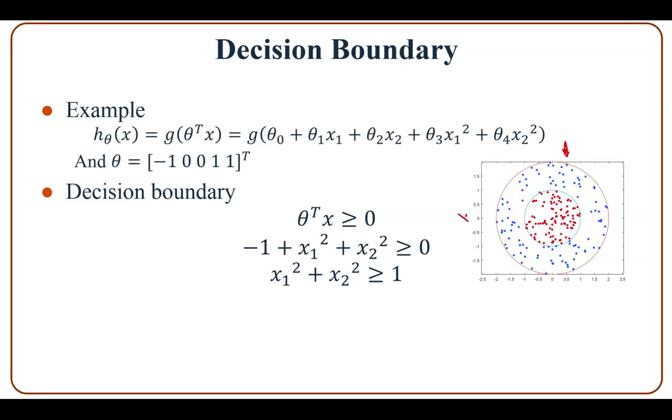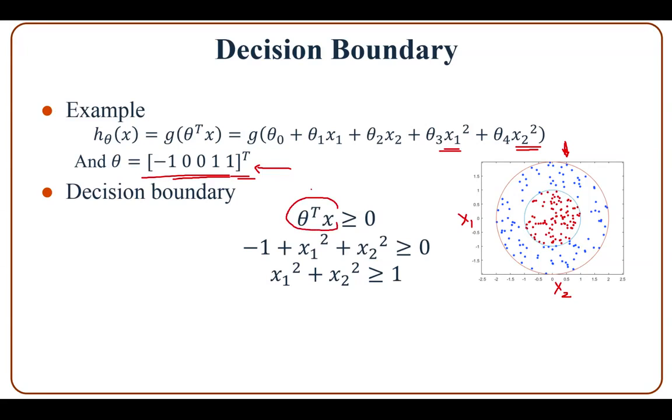So let's say this is x1 and that is x2, and here we add the quadratic terms. Similarly, assume that from the data we get the vector theta that makes the cost function minimal. So from there we can draw the decision boundary.